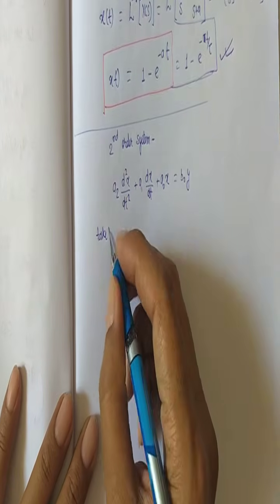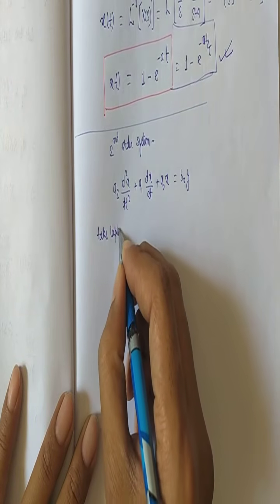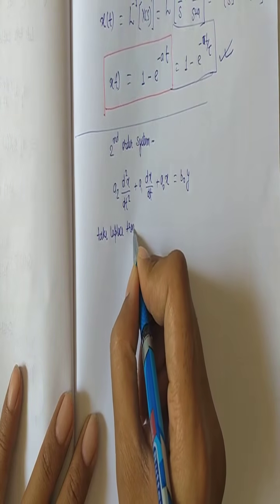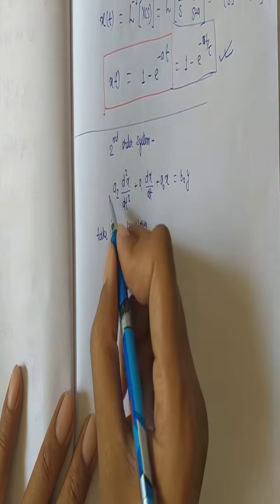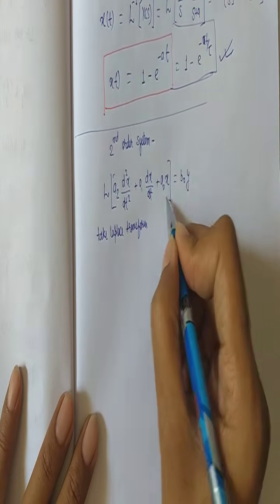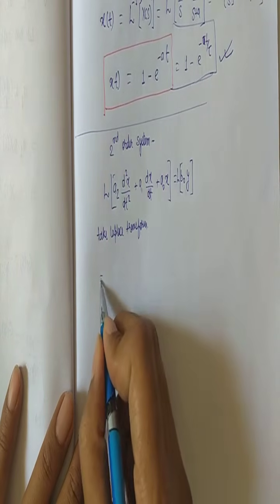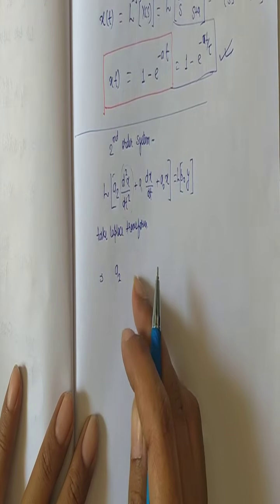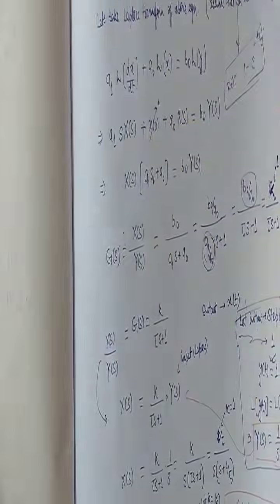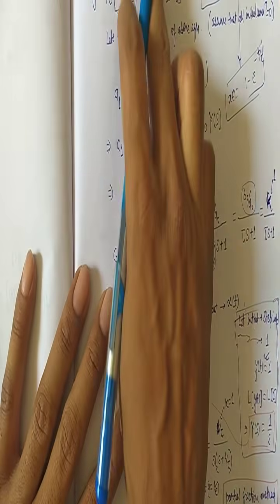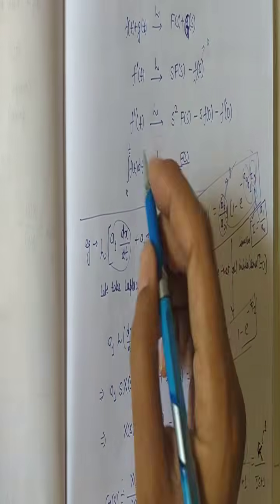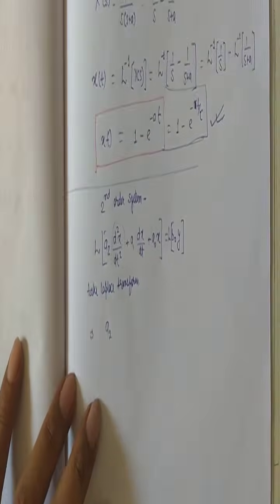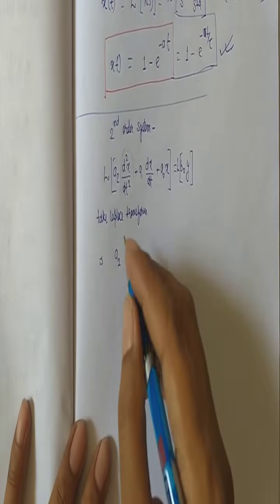What we do, we take Laplace transform both sides, in similar fashion to what we did for first order system. For a2 times d2x by dt square, we have the formula with us, with the assumption that all the initial conditions are set to 0.